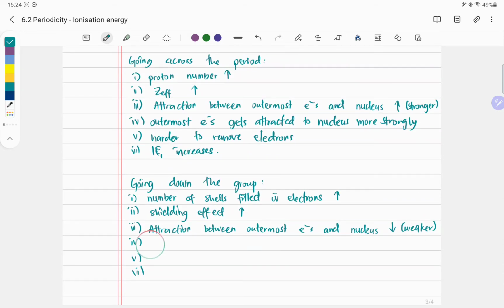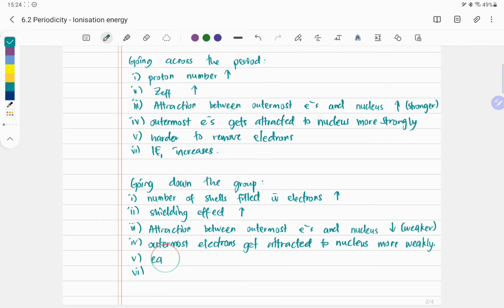And because of this, outermost electrons, okay, get attracted to nucleus more weakly.